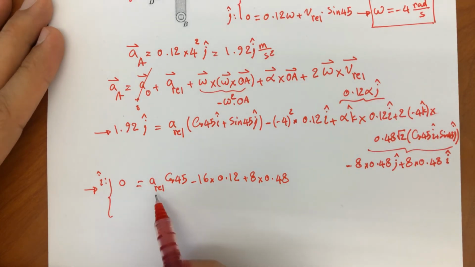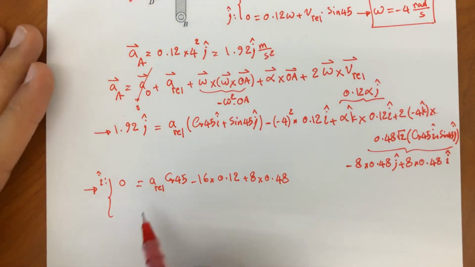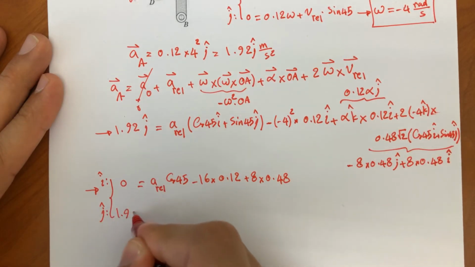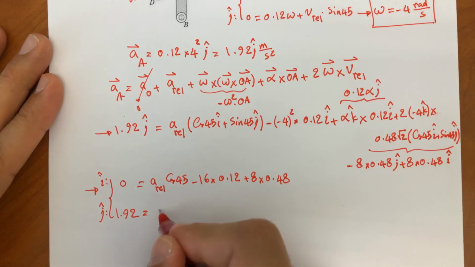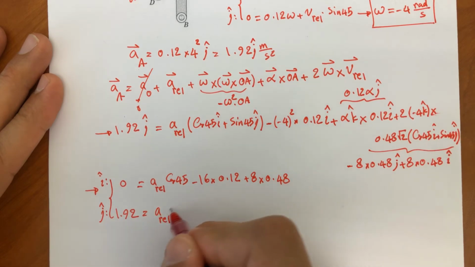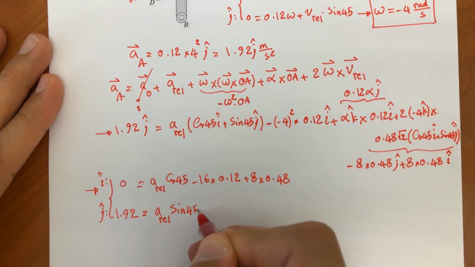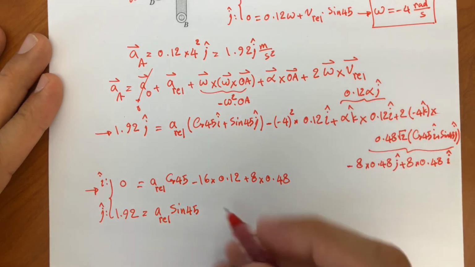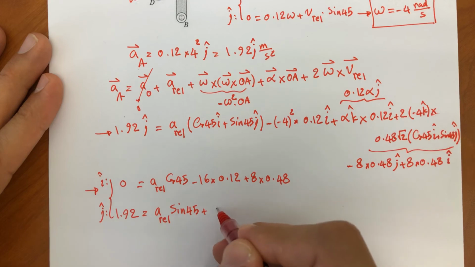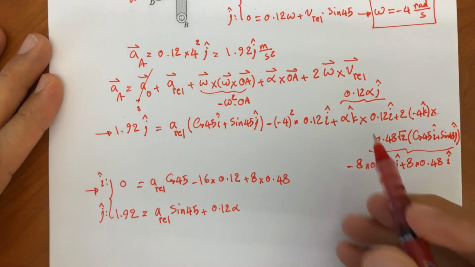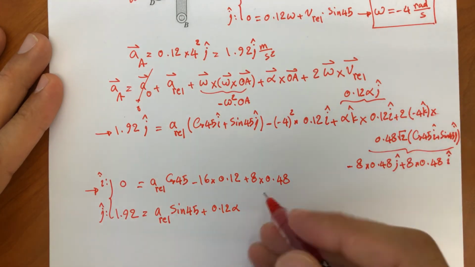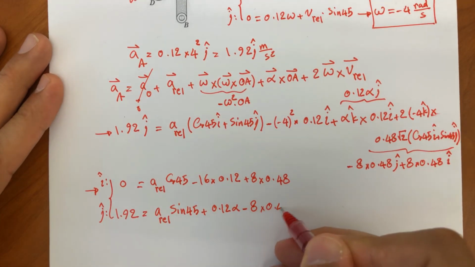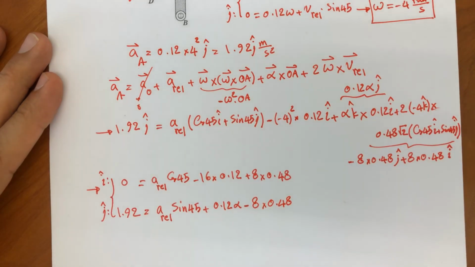So from here, we are going to be able to find A rel. And in the j parts, we have 1.92 here. On the other side of the equation, we have A rel times sine of 45. Then we have this part, 0.12 times alpha. And also we have this part, negative 8 times 0.48, which is in the j direction.